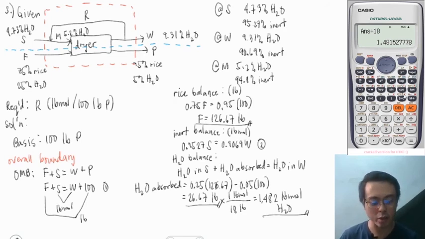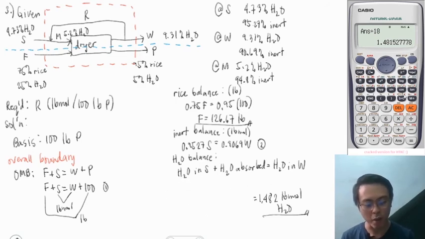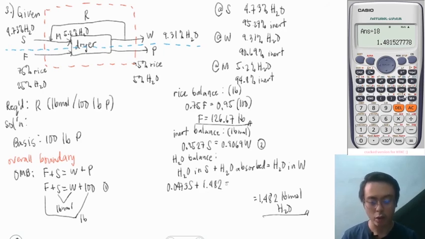We can now substitute this to your water balance. So let me first erase some things. What is now our new water balance? The water in S is 0.0473 times S plus water absorbed, as we have determined earlier, 1.482, is equal to the water in W, 0.0931 W. We now have our third equation.